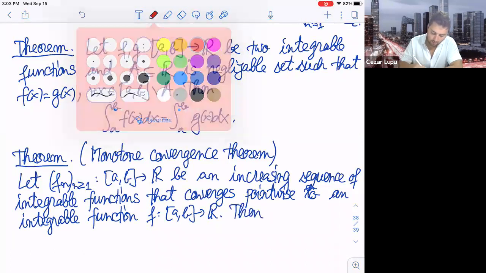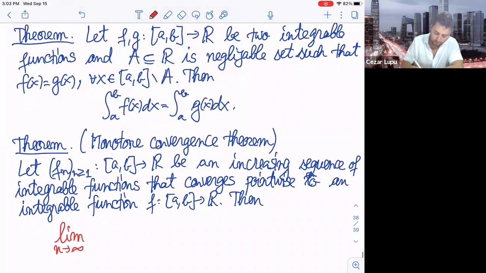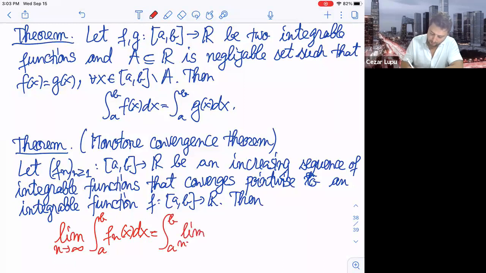We can have the same thing: the limit as n approaches infinity of the integral from a to b of fn of x dx. In the end, we can pass the limit inside, so that would be the integral of the limit of fn of x dx, and this will be the integral from a to b of f of x dx.